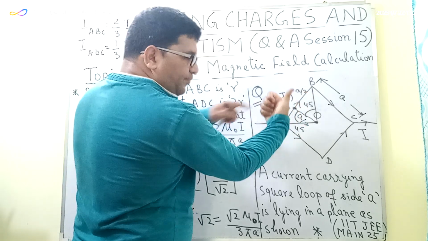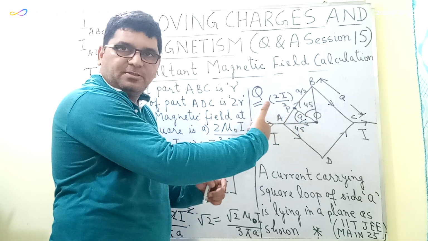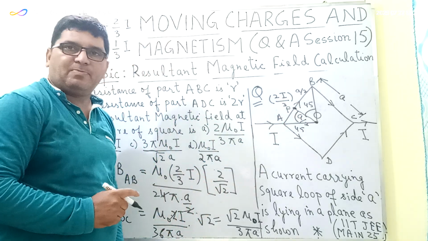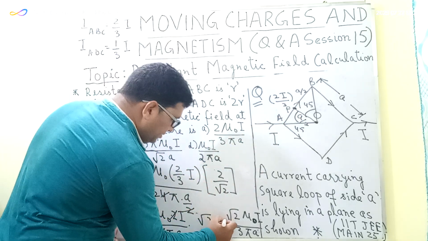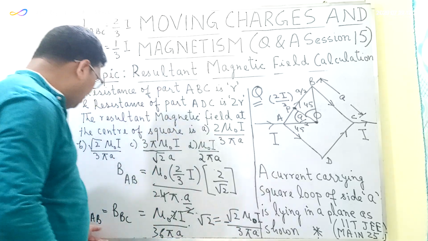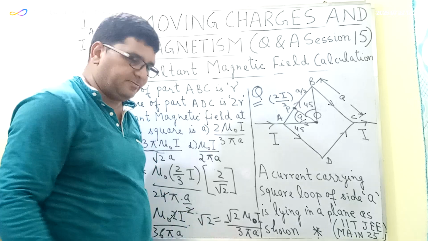Now the curled fingers are pointing into the plane. They are pointing inwards. So the magnetic field will be directed into the plane. So this magnetic field due to these two parts, that is AB and BC, will be accompanied by a minus sign.